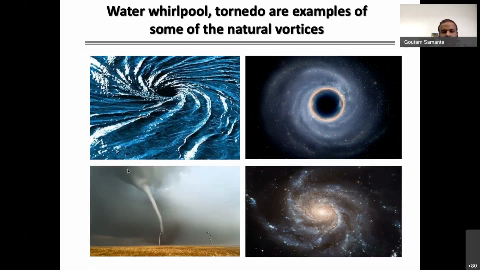In nature also, such vortices are there, like a water whirlpool, a black hole, a tornado, or a galaxy. That vortex nature is there.